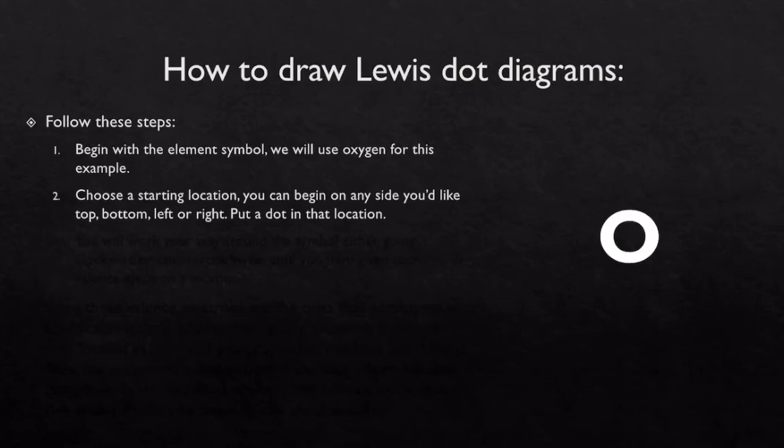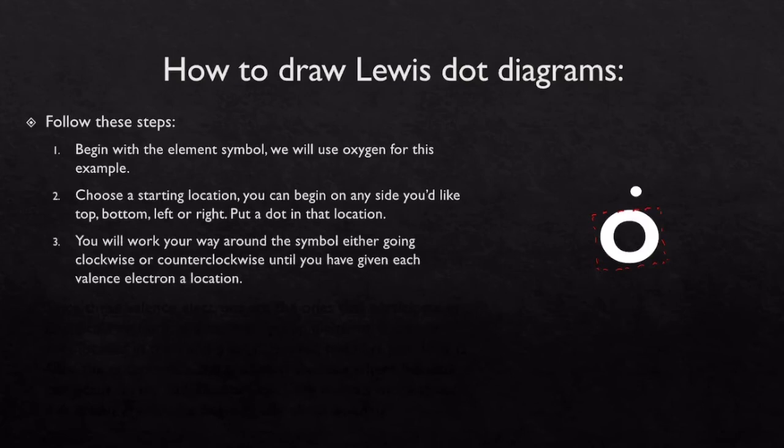You want to put a dot in that location. And before I put my electron on there, I just wanted to point out that if you draw this imaginary box around your element symbol, you can see that there are 4 different locations that we can put electrons in. All right, so here's my first electron. And oxygen has a total of 6 valence electrons because it's in group 6A.